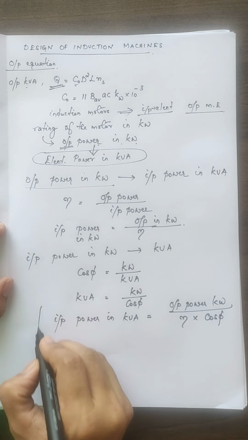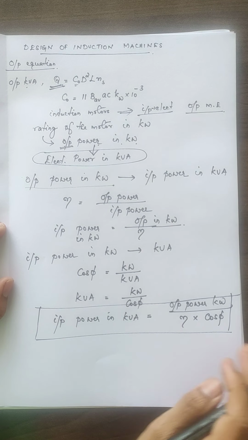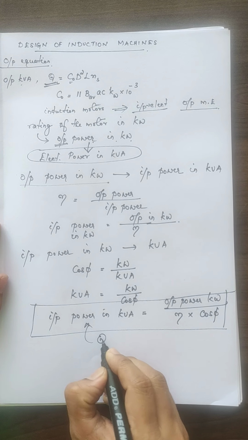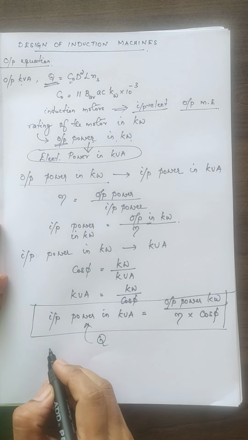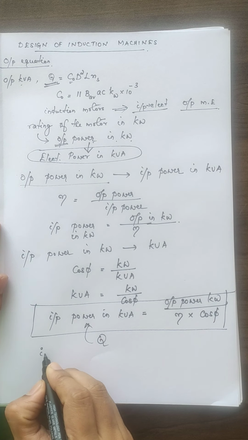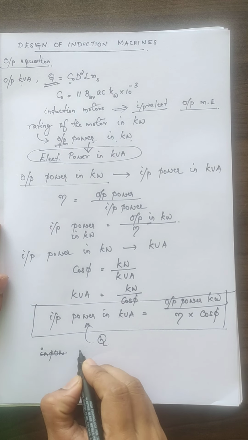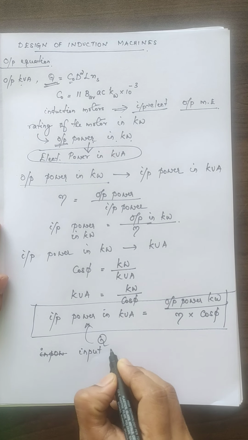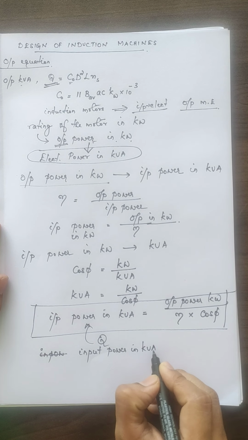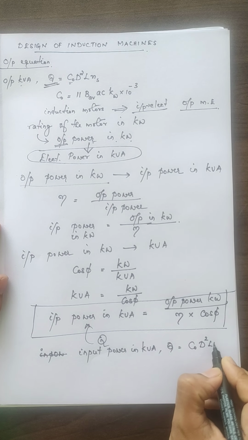In case of an induction machine, this term is taken as Q. So the output equation should actually be written as input power in kVA, that is Q, is equal to C0 D square L into Ns.